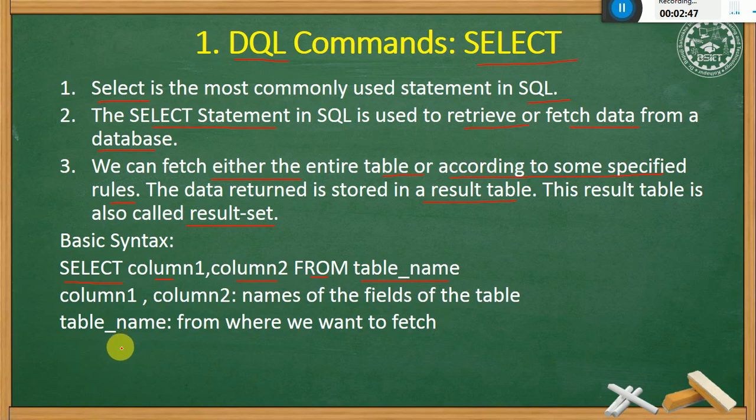For example: select roll number, name from student. So from the student table we are displaying the roll number and name of the records. That is a data set using the select statement.